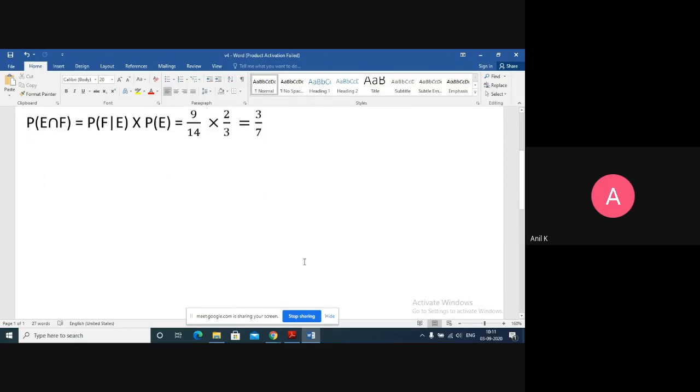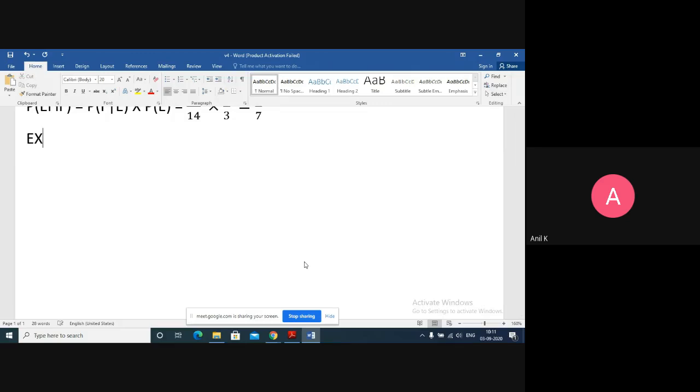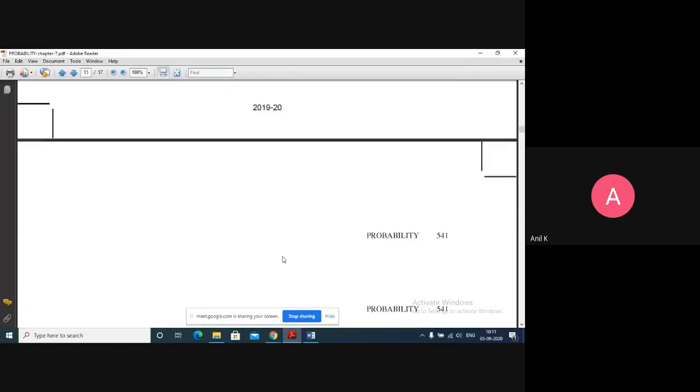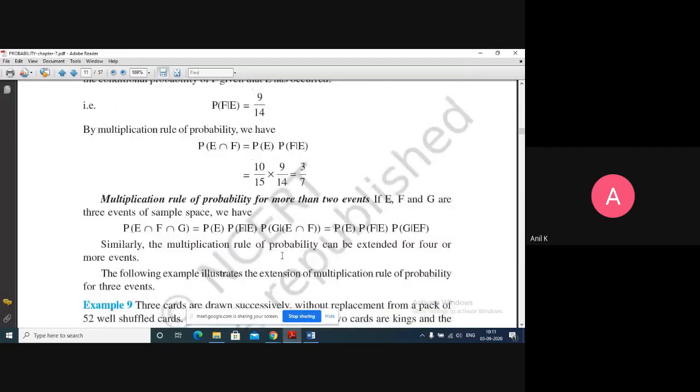If I move to the next example, let me show you the second example. The same thing will happen with the multiplication rule for 3 sets.